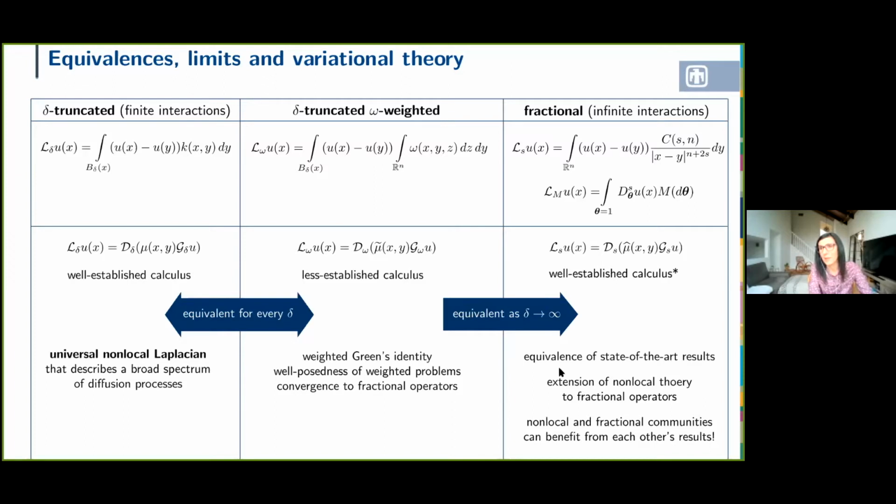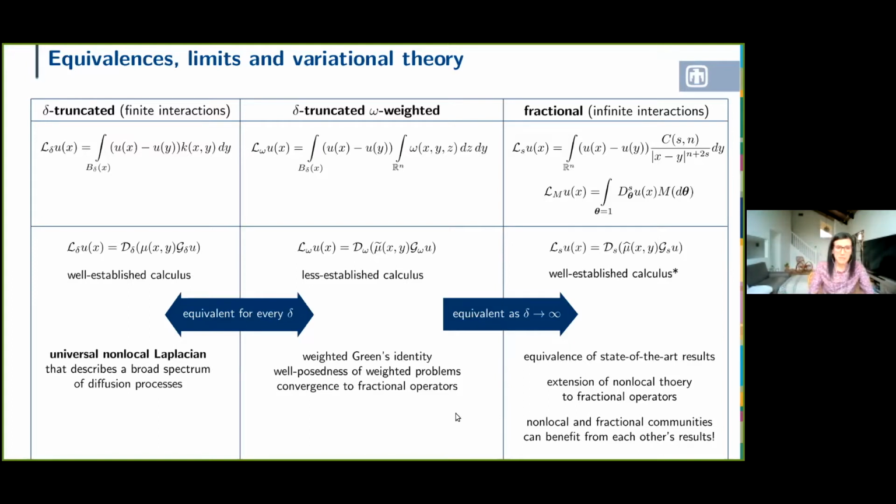And in fact, when we started to work on this project, we found out that there are some results that are independently derived by non-local and fractional researchers, but are absolutely equivalent.